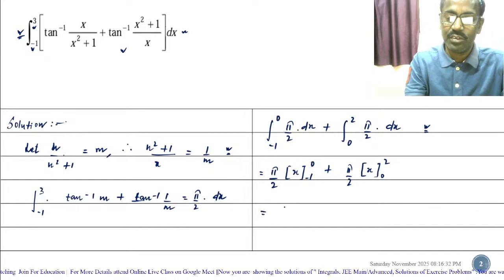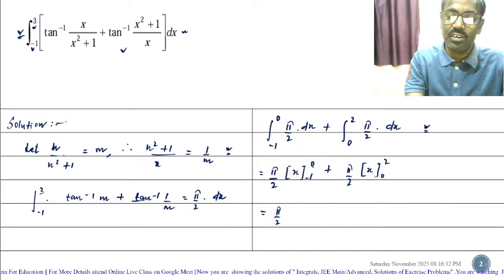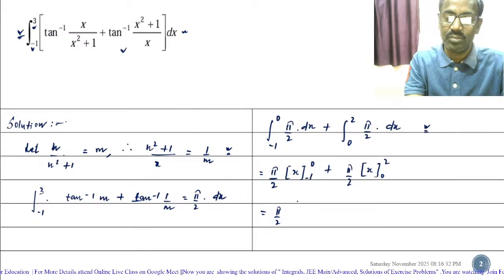So the final step here will be pi by 2 into higher limit minus lower limit. It means 0 minus -1 equals 1.